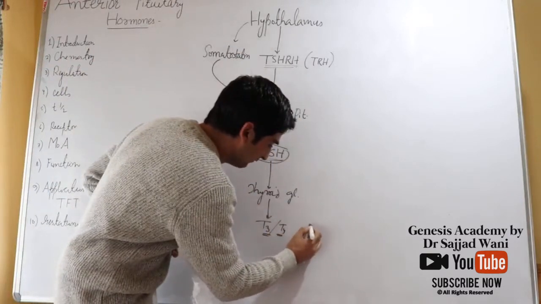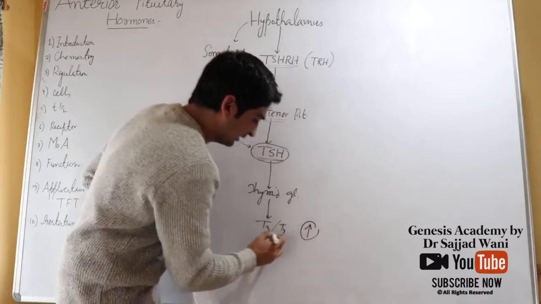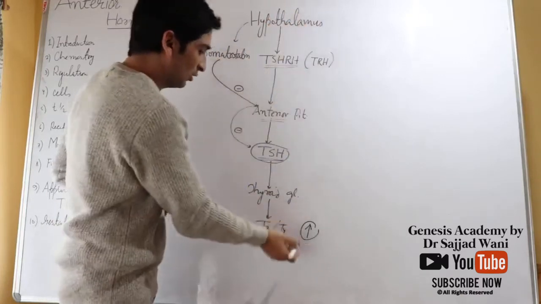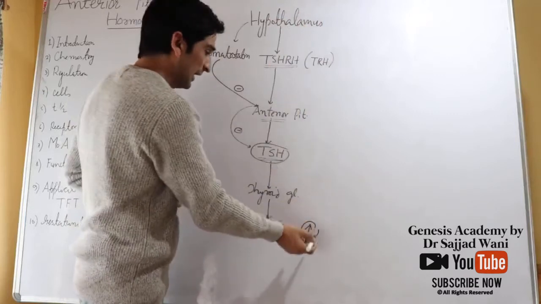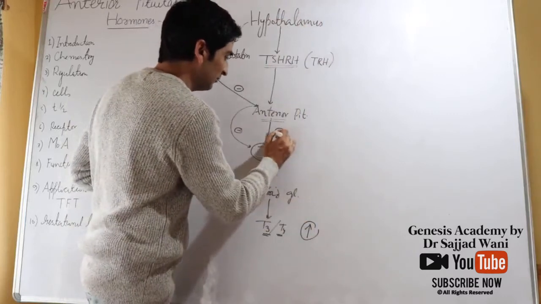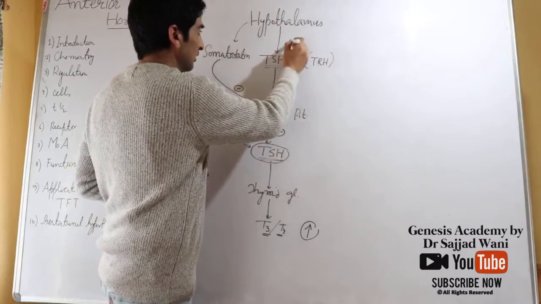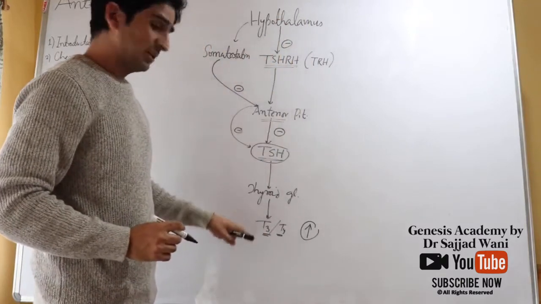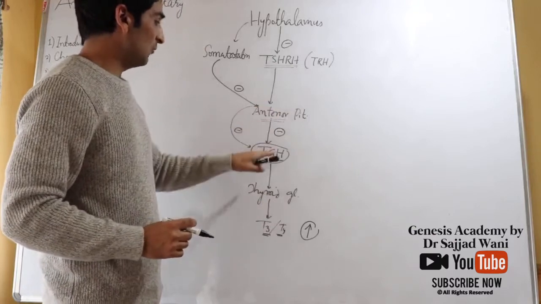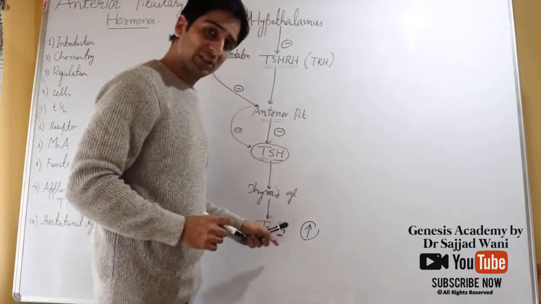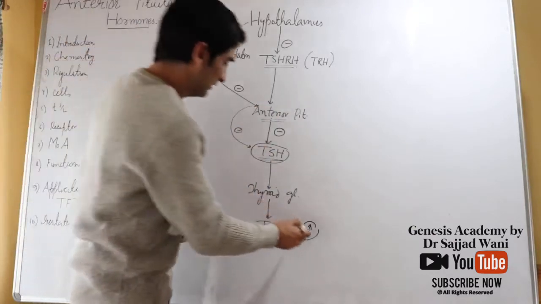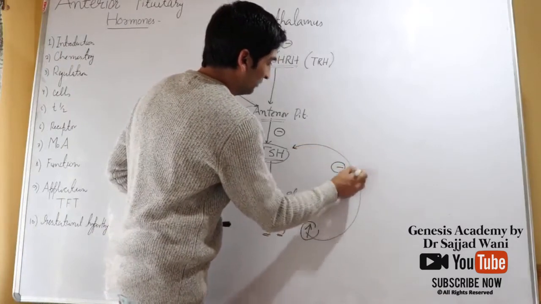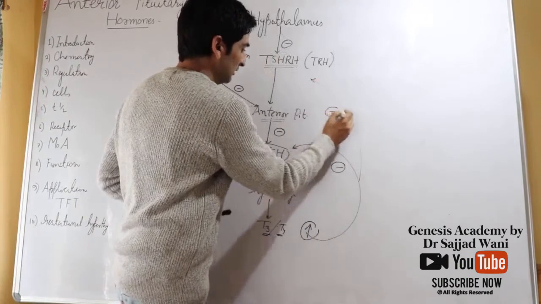That means the higher levels of T3 and T4 go to the hypothalamus and also to the anterior pituitary, and the high levels decrease the levels of TSH. Here they also decrease the levels of TSH-RH. That means the higher the levels of T3, T4, the lower the levels of TSH, and the lower the levels of T3, T4, the higher the levels of TSH. So they have a negative feedback on the TSH.